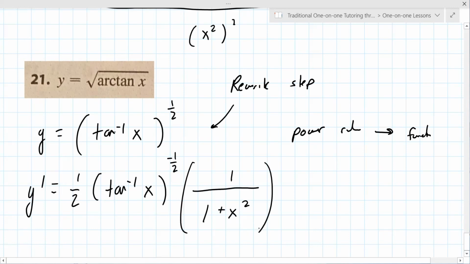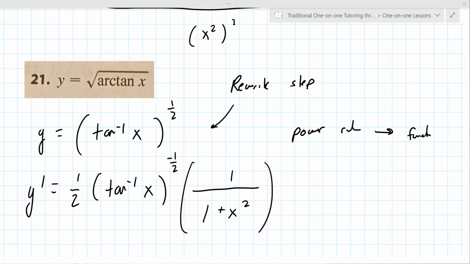One strategy, like you probably have heard before, is to write these all down real quick at the top of your exam if you don't know them. Flashcards, whatever you need to do. You have to know them. Basically, the derivative of arcsine is 1 over square root of 1 minus x squared.